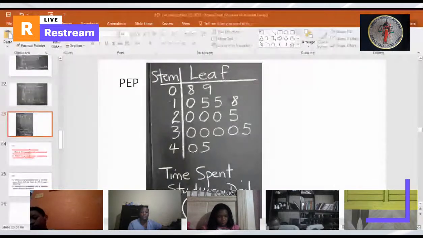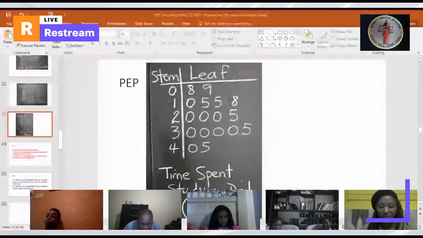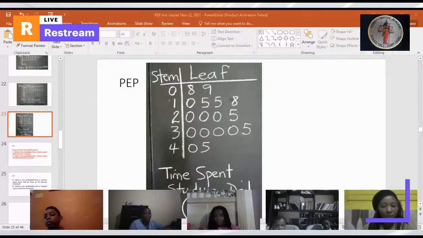All right, so persons are saying the mean is 10. Siobhan is saying the mean is 10 minutes. Any other response? What's the mean for this? Remember, the mean is the average. Amari is saying 10.